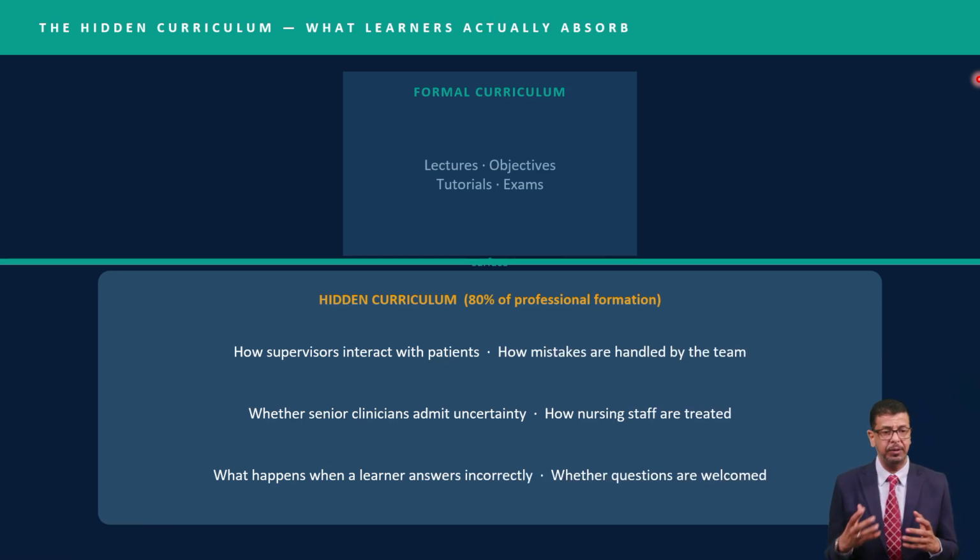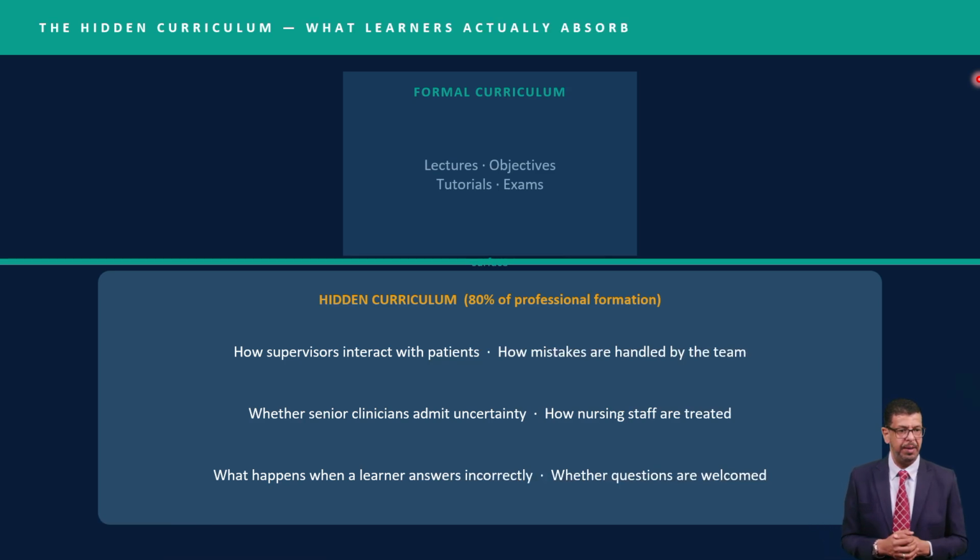It's very important also to consider in the hidden curriculum how mistakes are handled by the team. Are we developing a blaming culture or a supportive, educating, safe environment? If we make a mistake as educators, do we admit this mistake or not?